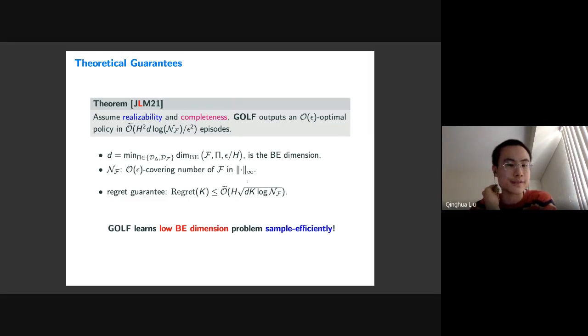So we don't need to design different algorithms for different problems in our class. We have a universal algorithm that works for all of them.